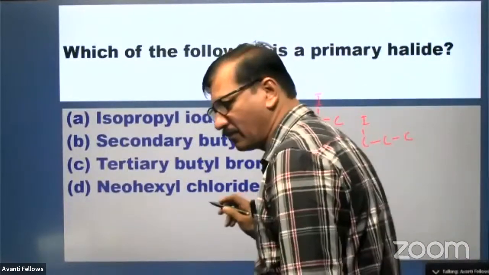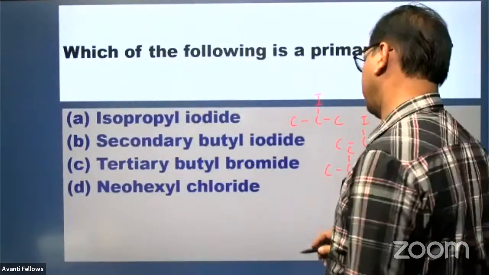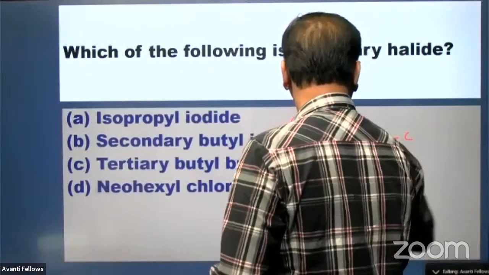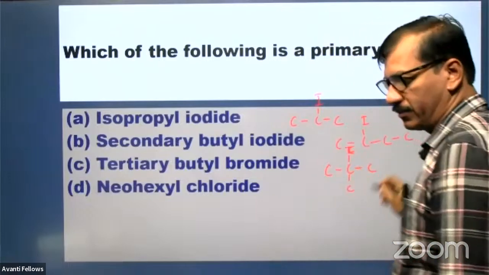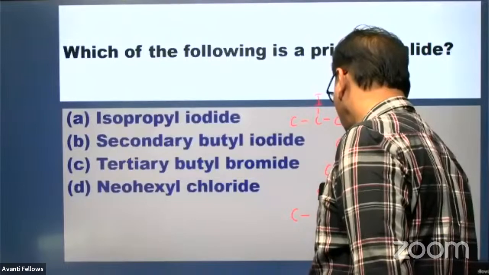Which school? Okay. This is I, and this is tertiary butyl. Neohexyl has this skeleton.